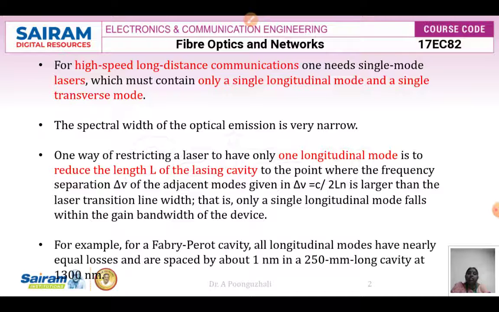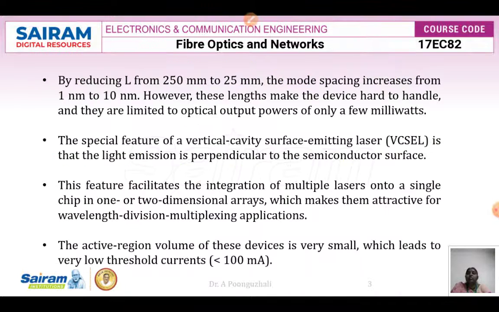Suppose I reduce the length L from 250 millimeters to 25 millimeters. In that case, my mode spacing is going to increase from 1 nanometer to 10 nanometers. But in this case, such lengths make the device very hard to handle, and they limit the optical output powers to only a few milliwatts.